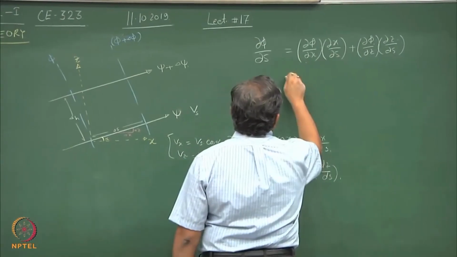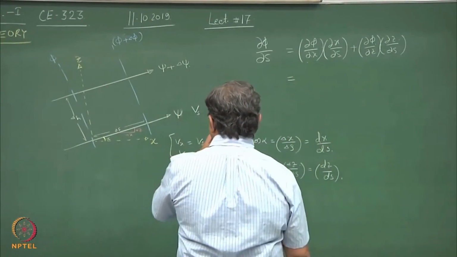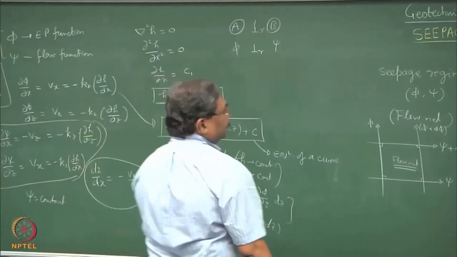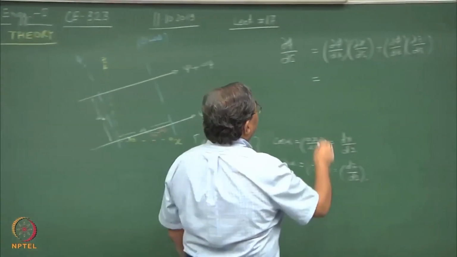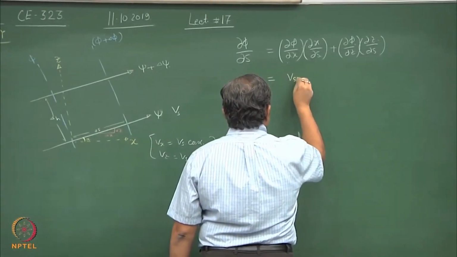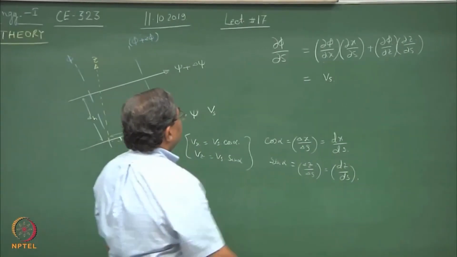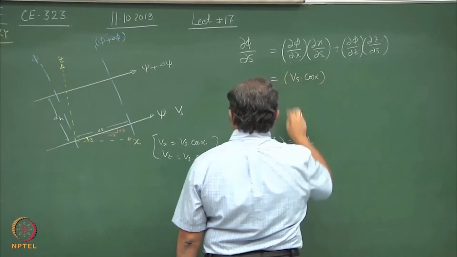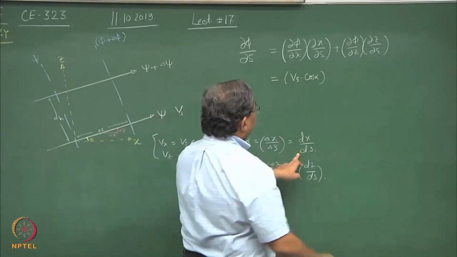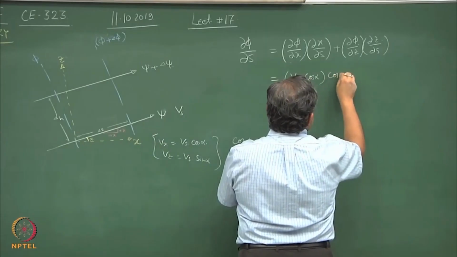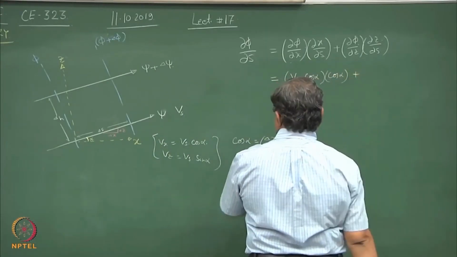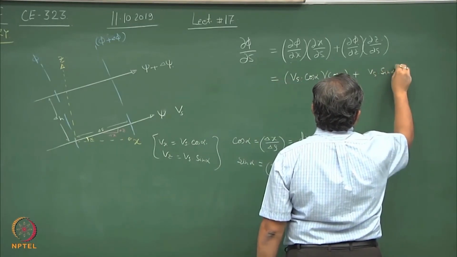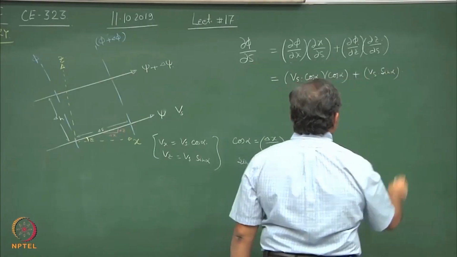So, this is nothing but, what is del phi by del x? Del phi by del x is V x. So, V s is V x into cos alpha, and dx by ds is cos alpha, plus this will be V s sin alpha into sin alpha.